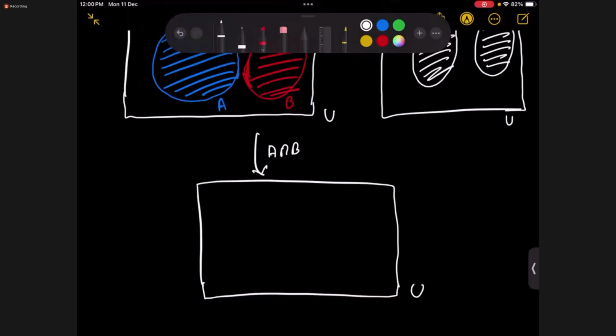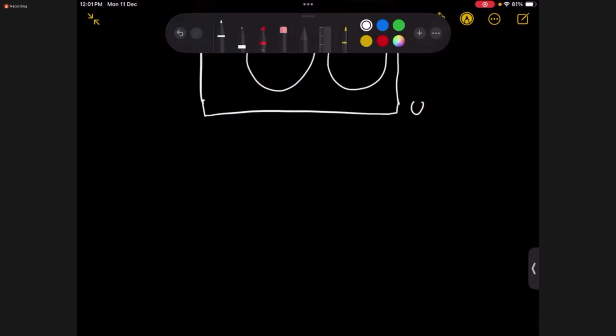U. This is our A. This is our B, and there is no common intersection. So, in that case, A intersection B equals the empty set. Okay, you can clearly see that there is no common point in both sets. If we want some example, one can think like this: A equals 2, 4, and B equals 5, 6.